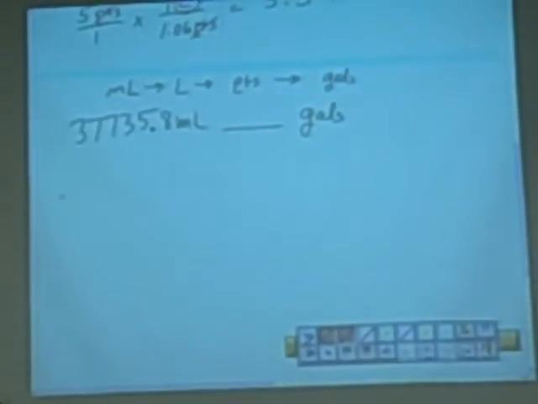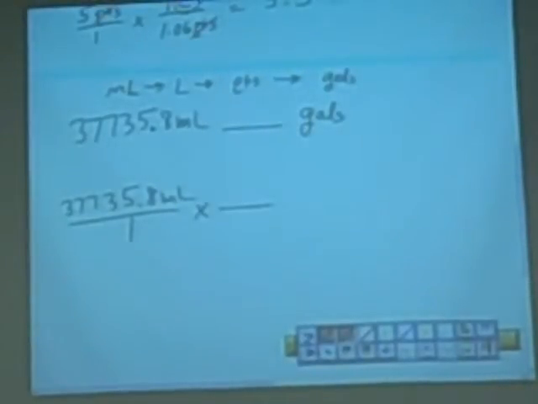Okay, so we're going to put here 37,735.8 milliliters over 1 times, now we need our conversion from milliliters to liters. What's our conversion there? 1 liter over 1,000.